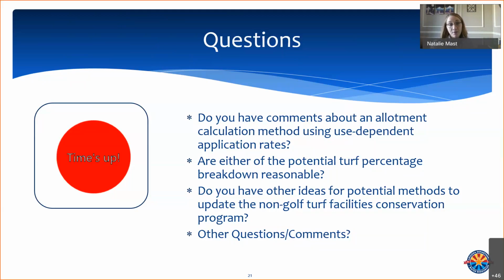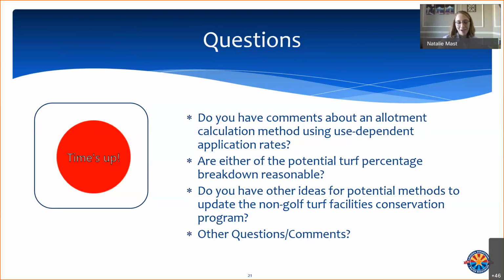We do, however, think that because this total allotment would be similar to previous allotments where the total allotment is assigned, yes, the calculation might be a little bit more complex, but the total allotment still gets assigned to a given facility. That facility is responsible for managing that allotment within their facility as they see fit.